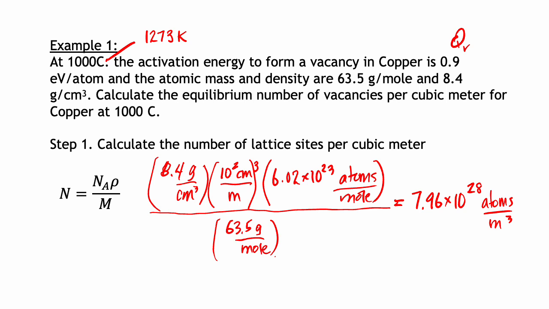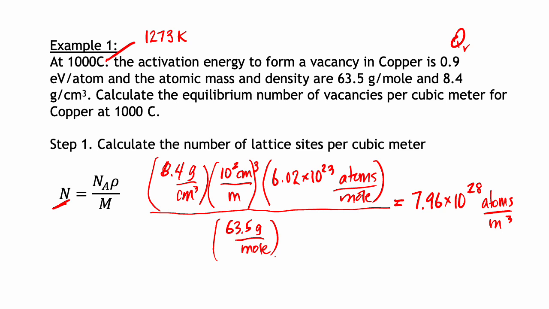So I got 8.4 times 6.02 divided by 63.5. And that's going to be times 10 to the 6 times 10 to the 23rd, which would be 10 to the 29. So 7.96 times 10 to the 28. This is equal to n, the number of atoms per cubic meter.